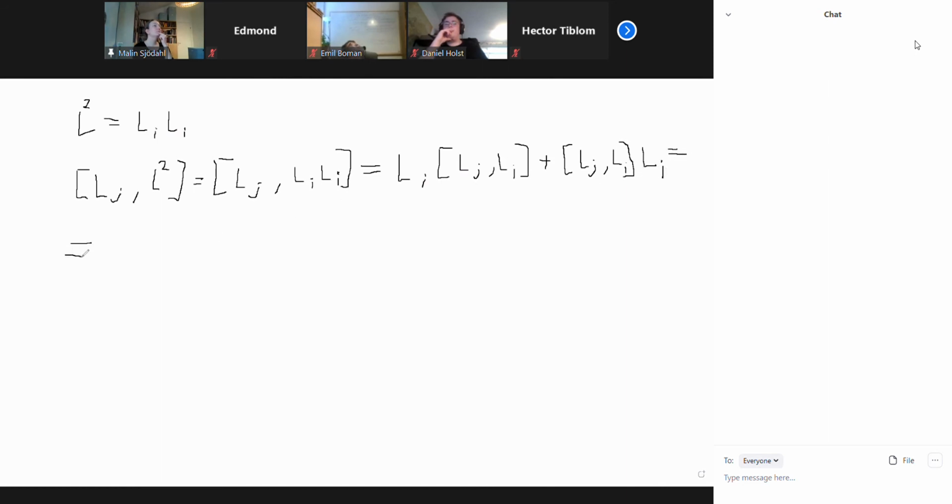and from here we can use, what's it called, the commutator for the elements. So this commutator here is i times epsilon_{jik} and then Lk, and this time we sum over k as well, of course, and plus from this term we get this.